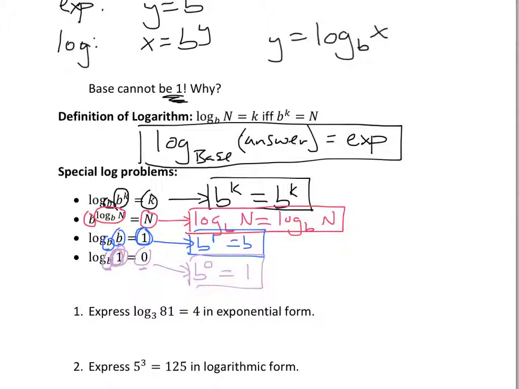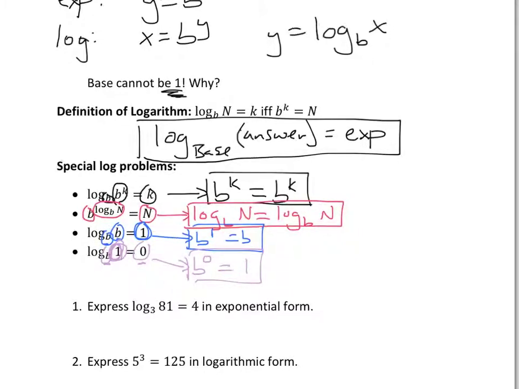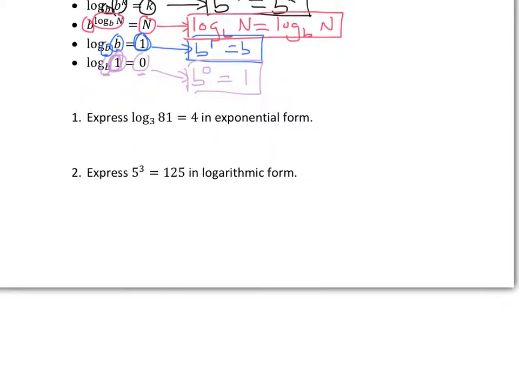Let's get into some with numbers. Hopefully it'll be a little bit more clear from this stuff. A couple more conversions. We'll start with converting this logarithmic function to exponential form. Remember, base of answer equals exponent. 3 to the 4th equals 81.